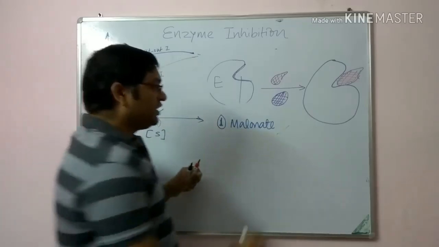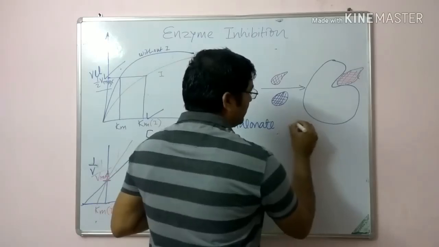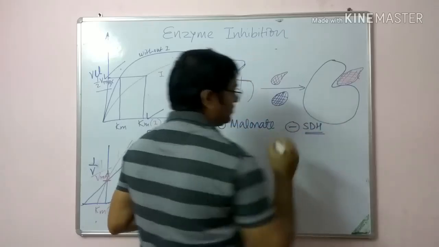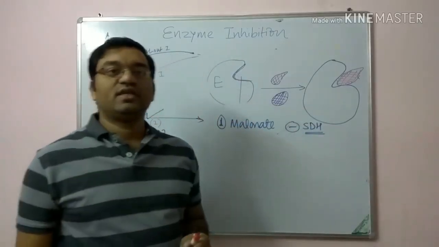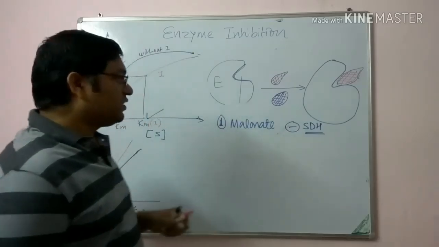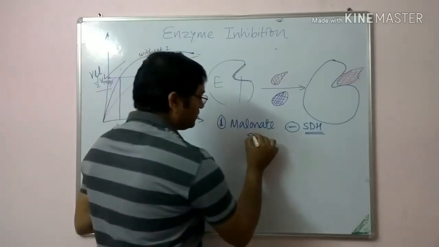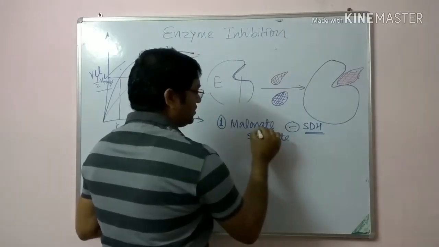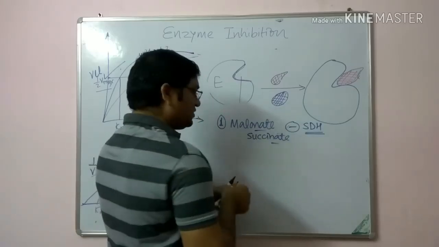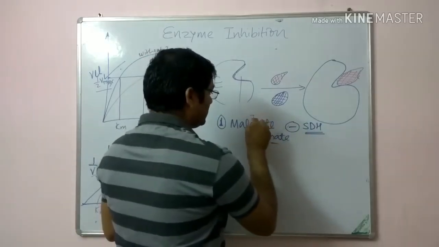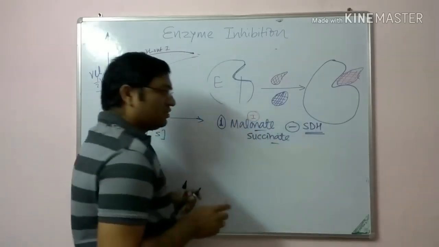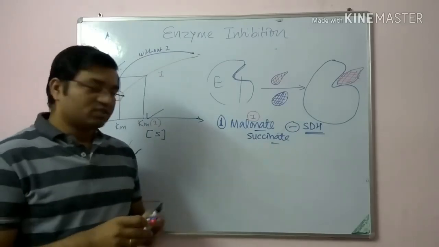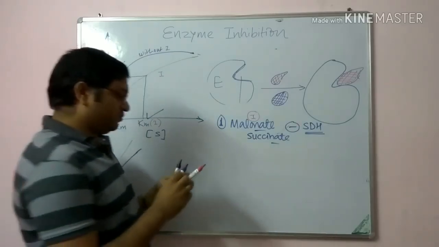This inhibitor inhibits the succinate dehydrogenase enzyme. Here the substrate is succinate. This one is the substrate, this one is the inhibitor, and this one is the enzyme. Malonate is the inhibitor, succinate dehydrogenase is the enzyme, and succinate is the substrate.